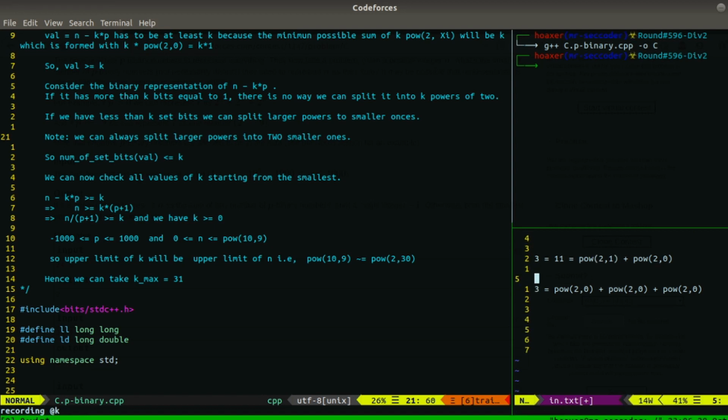I think it's clear why the larger powers can be split into smaller powers.